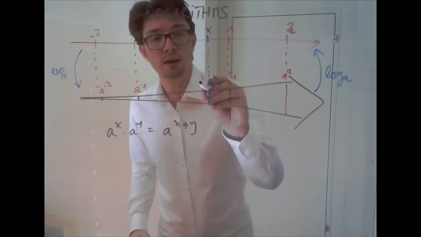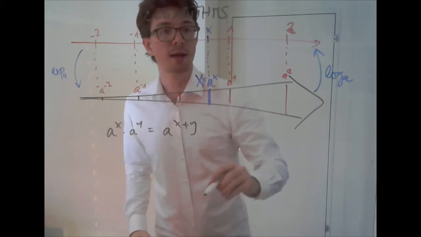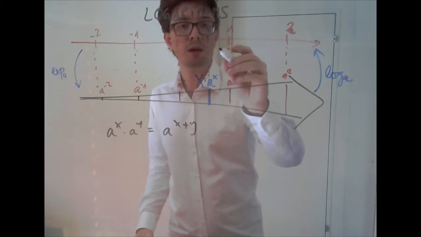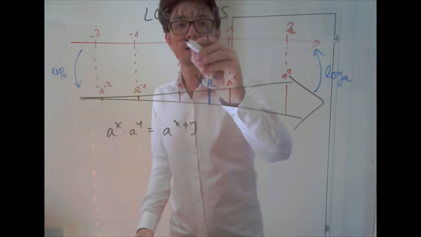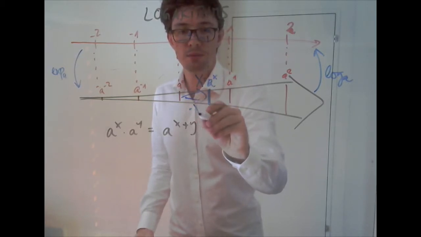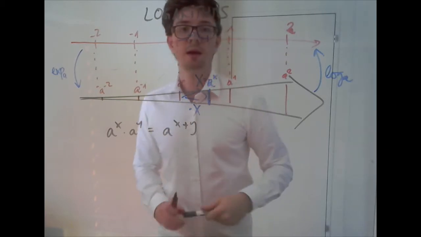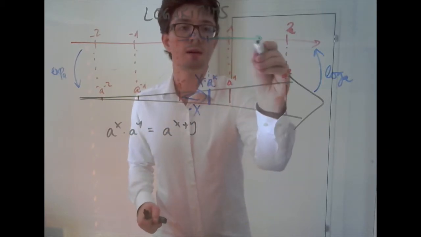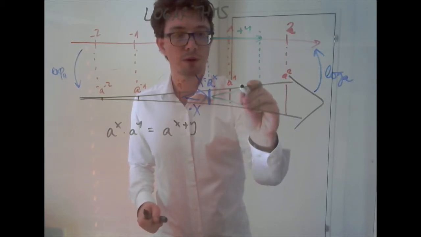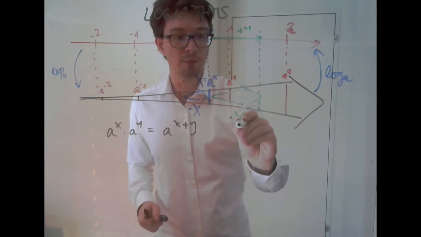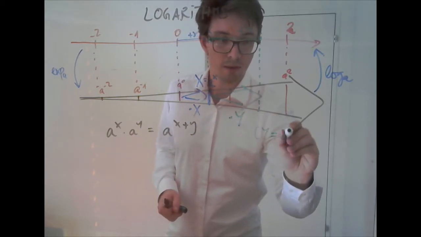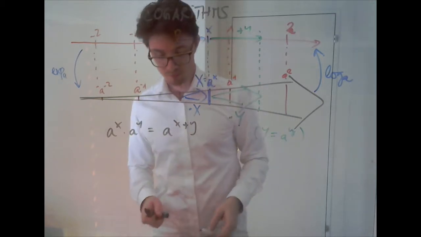Maybe let's call this uppercase X, and then there's some y here, and maybe let's write this y. So this is plus x, and this is times uppercase X. And then y, let's write it like this. And its corresponding number on the exponential number line, let's call this uppercase Y, that is a to the lowercase y.